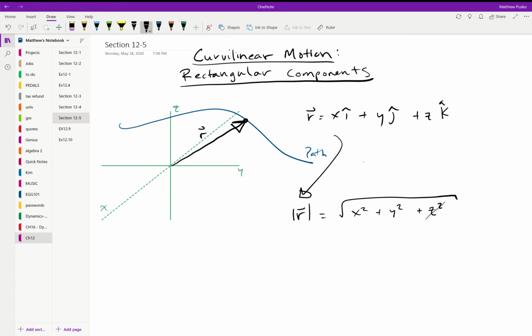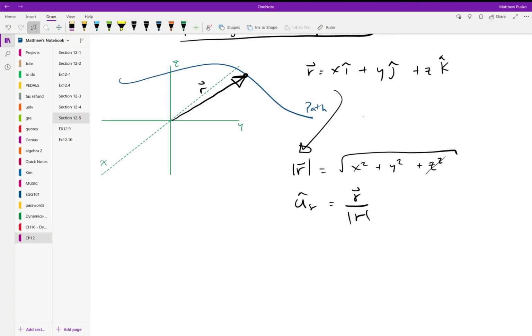If we wanted a unit vector in the direction of r, we would have to take r and divide it by the magnitude of r. A unit vector is something that is one long, but in the direction of the vector you're talking about.